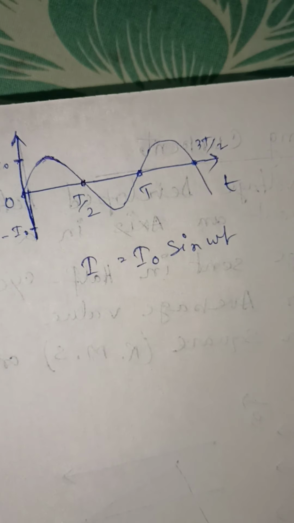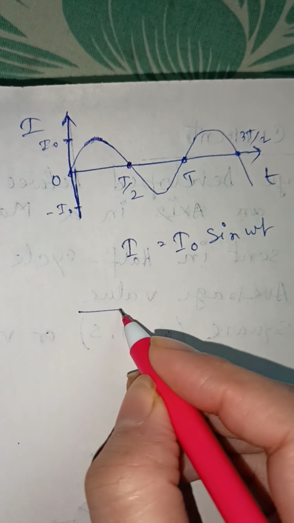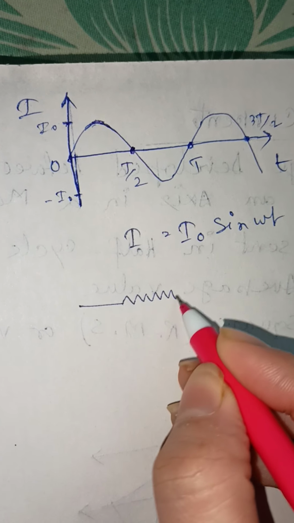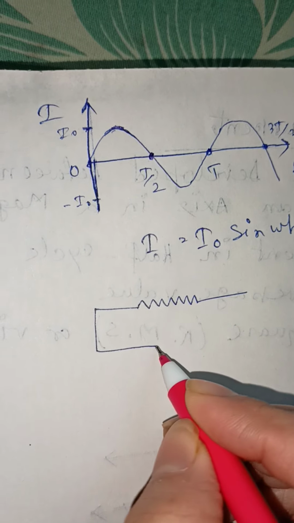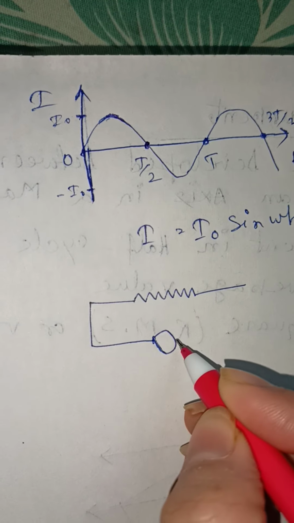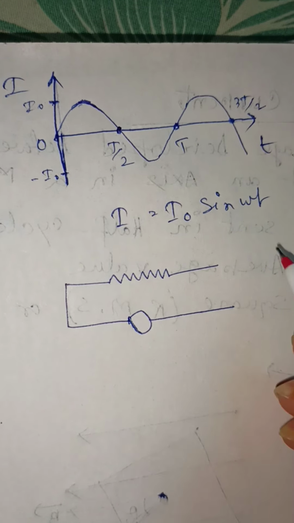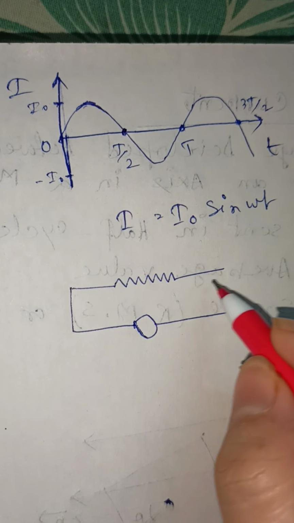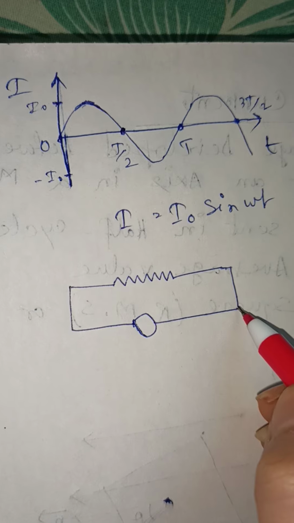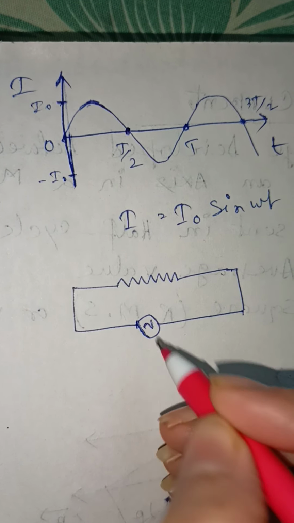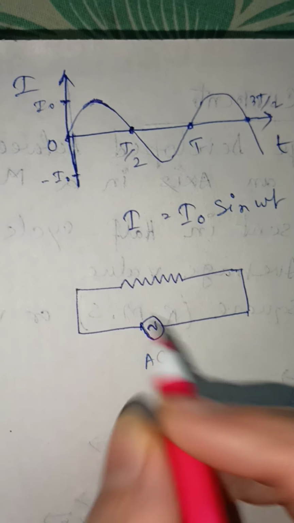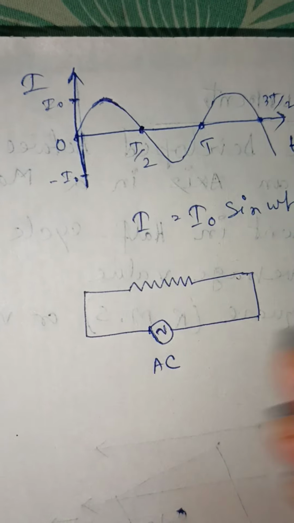So suppose here I am taking a resistance which is connected with the AC source. This is our AC source and this is the resistance.